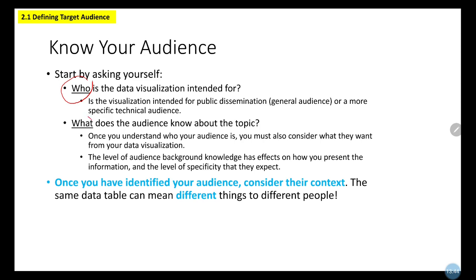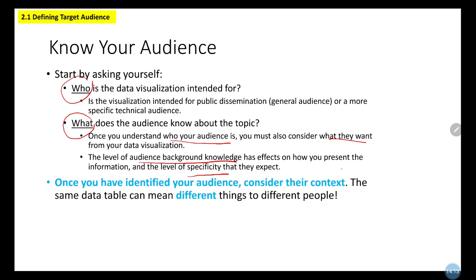And then second, you have to ask yourself, what does the audience know about the topic? Once you understand who your audience is, you must also consider what they want from your data visualization. The level of audience background knowledge has an effect on how you present the information, and the level of specificity that they expect. Specificity is the depth of the information, the detail of the information that they expect.